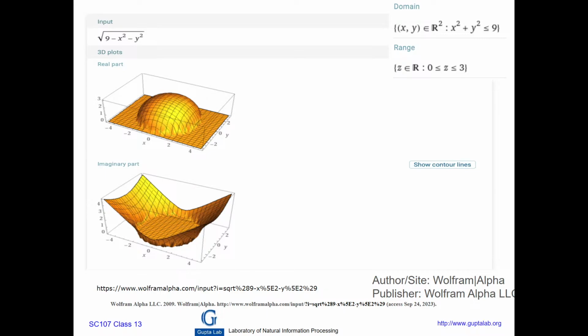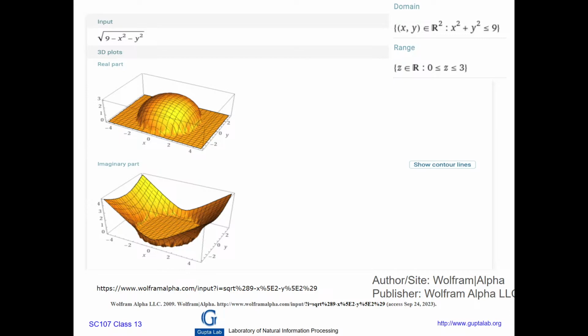The answer is given, but can anyone tell me how you find that? It's very easy, right? When 9 minus x square minus y square is non-negative, and you can solve that. That means when x square plus y square is less than or equal to 9, right? So you have the domain, for all those points x comma y.